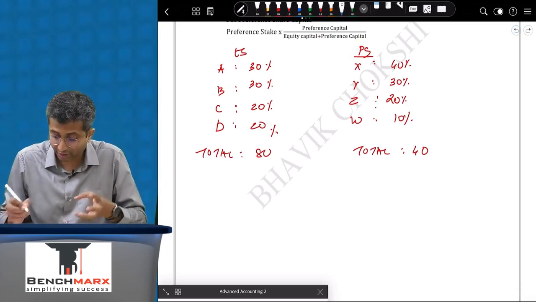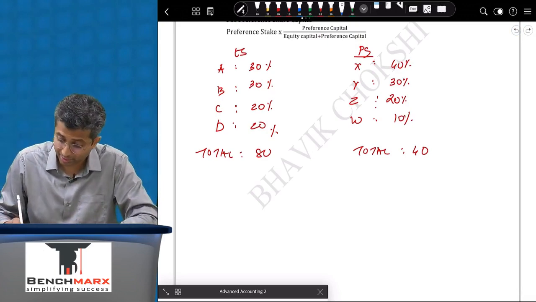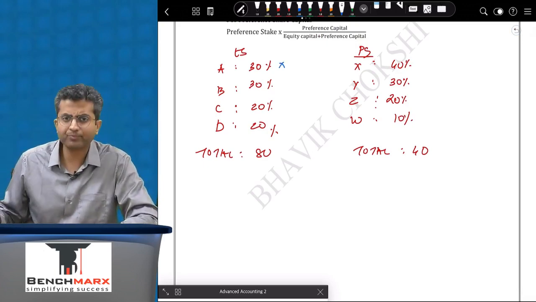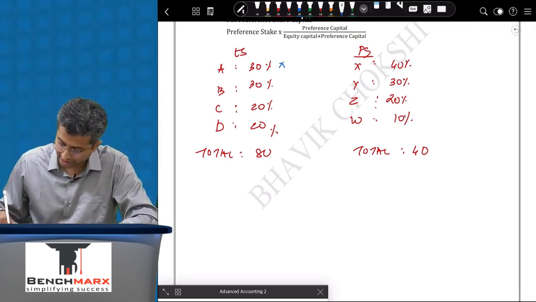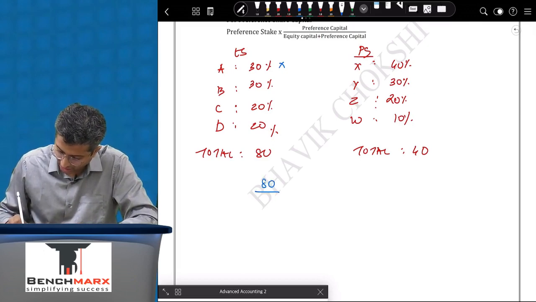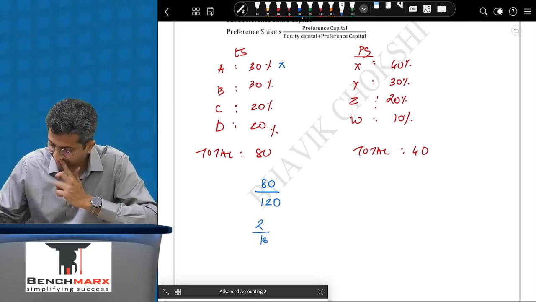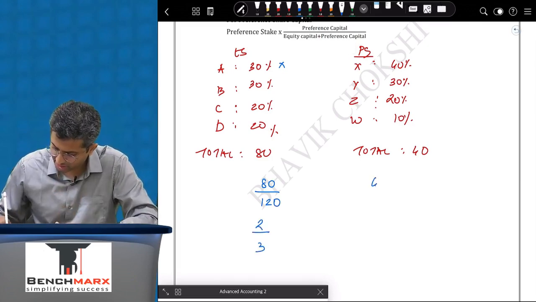Well, it is 30% of equity share capital, but equity share capital represents 80 out of 120. So equity share capital represents 80 out of 80 plus 40, that is 120, that is basically 2/3, whereas preference share capital represents 40 out of 120, that is basically 1/3.